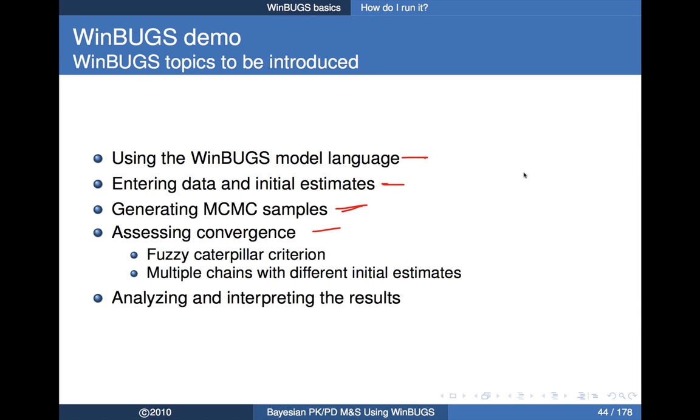So we'll talk about assessing convergence, and we get such cute terms as the fuzzy caterpillar criteria for convergence, and the notion of running multiple chains, where you start with different initial estimates, to see whether they converge to the same place. And then finally a little bit about how we analyze and interpret the results that we get from MCMC simulation.